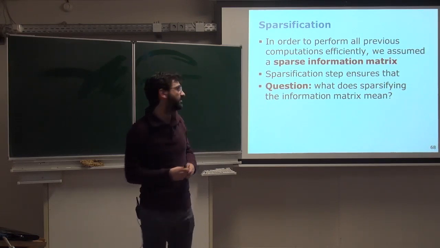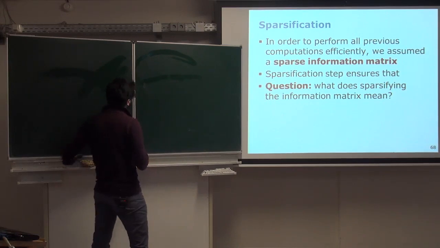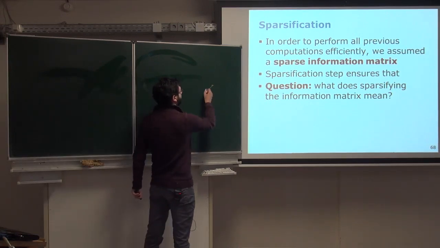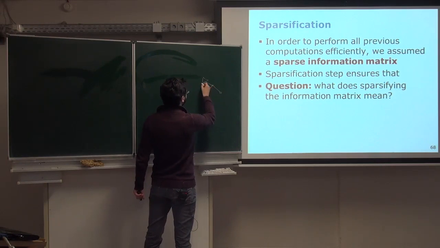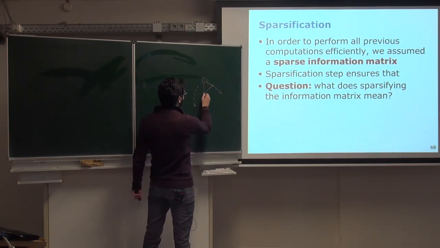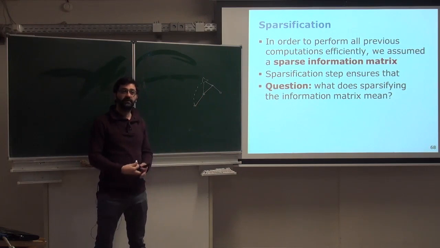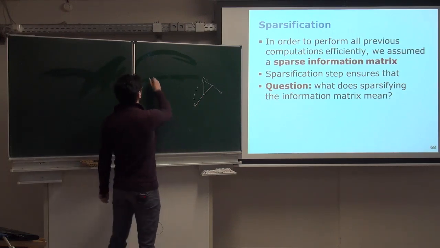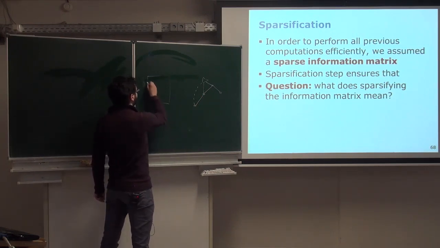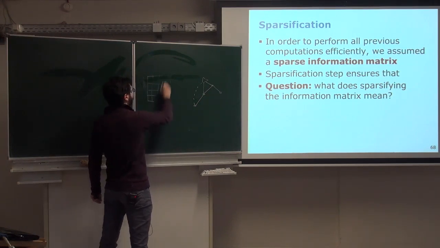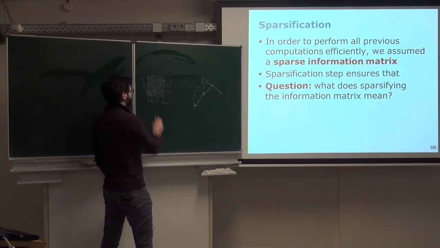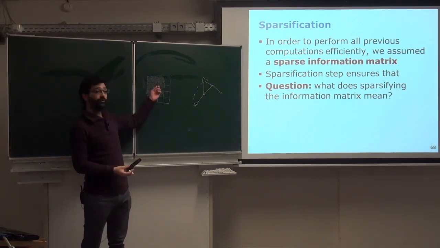No? So you remember we had this nice graph where we had the robot here, connected with a landmark, then connected with another landmark, then there were some landmarks, and we said we wanted to remove these connections here, no? Which equivalently means that if we have our matrix, which is something like this, where we have this part here, which is all somehow grayish, what were we doing in here?